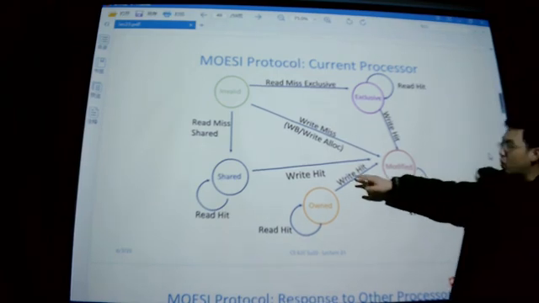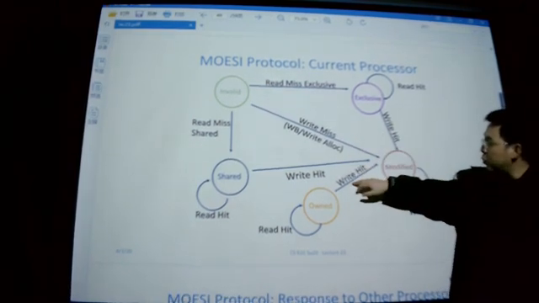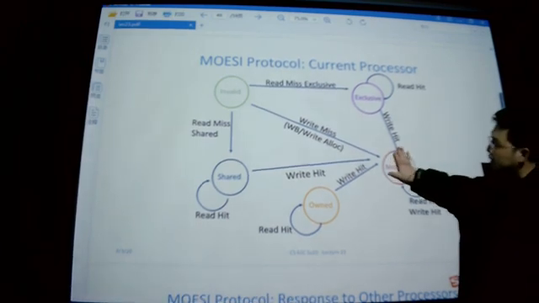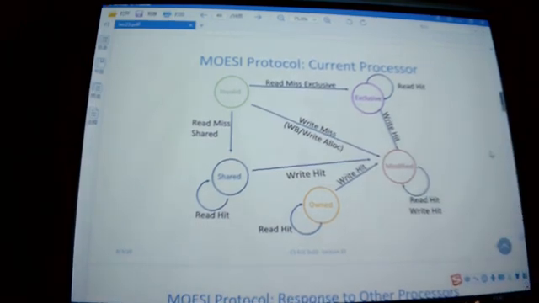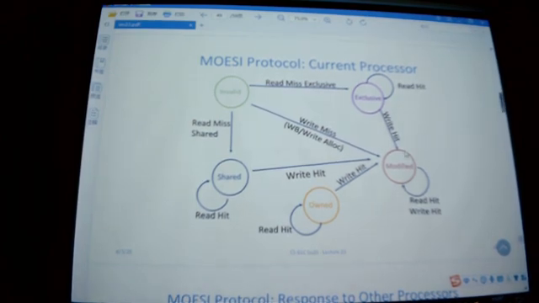You can see 1, 2, 3, 4. These 4 relations describe that modified must be related to the other 4 states. So modified is very important. In the cache, modified is a frequent operation.